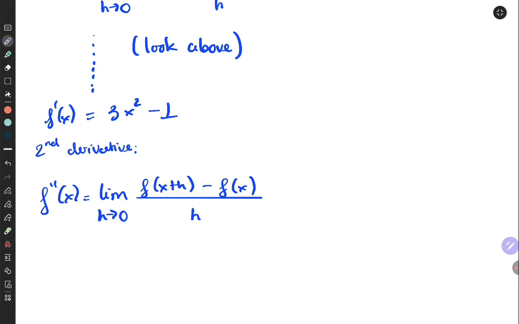To take the derivative one more time, you're using the prime one. So this one is going to go down here. Okay, try that. And yes, the answer should give you 6x.